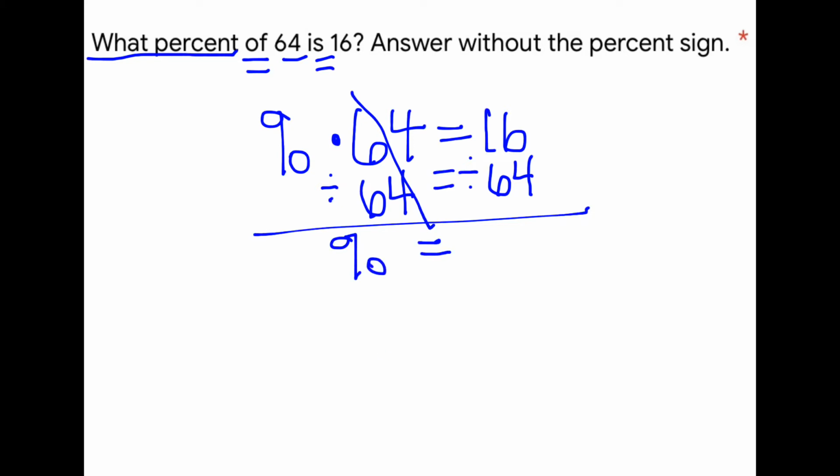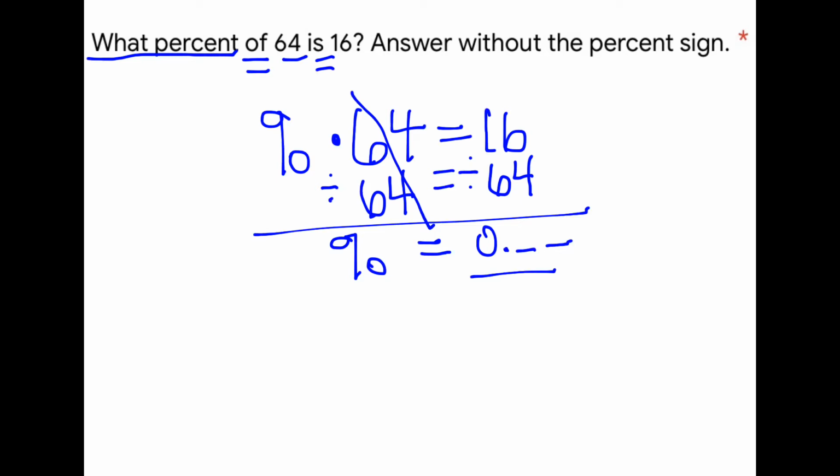And here, we're going to get a decimal. Our percent can't be a decimal. We know that percents are whole numbers, so we're not going to get a 0 point something percent. So this is the decimal. After we get our decimal here, then we need to multiply it by 100.